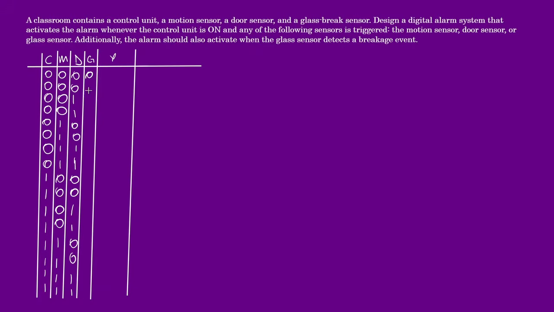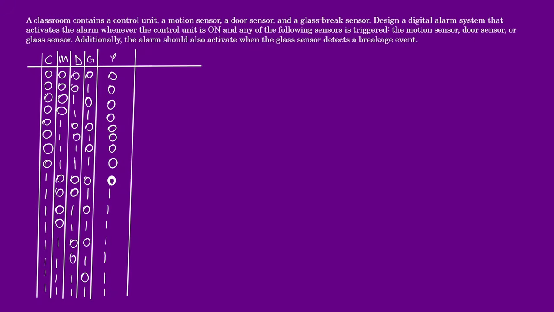Okay? So alternating ones. Okay, so recall we said we have a high. Okay, this is going to be 0 since no other sensor is high. And then 0, 0, 0, 0, 0, 0, 0, 0.